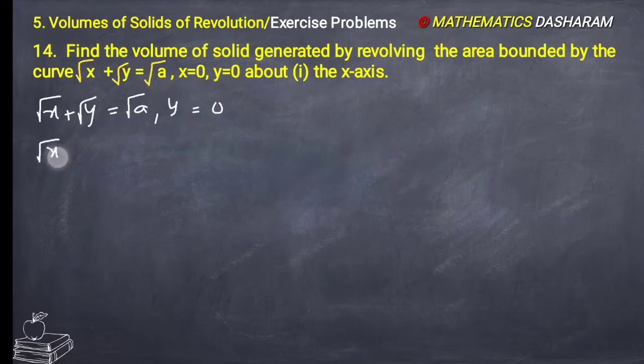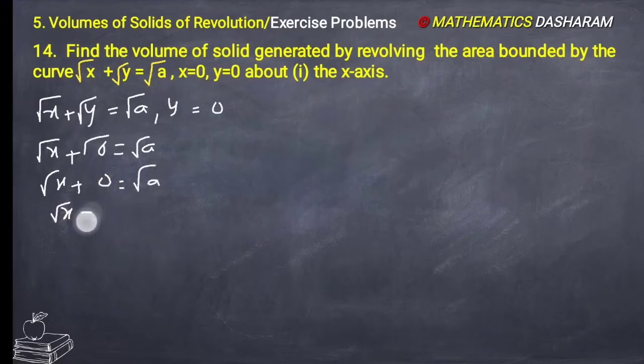Substitute the y value 0: root x plus root 0, which is 0, equals root a, then root x equals root a, then the roots cancel, so x equals a, and the other x value is already given, that is x equals 0.